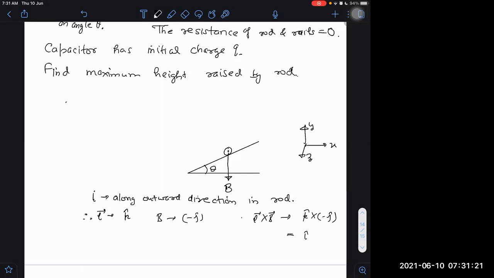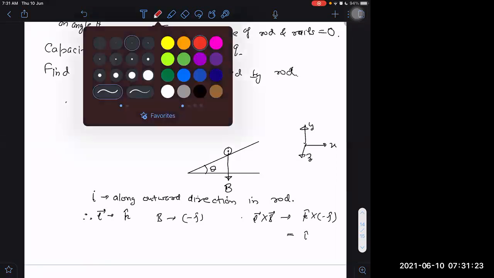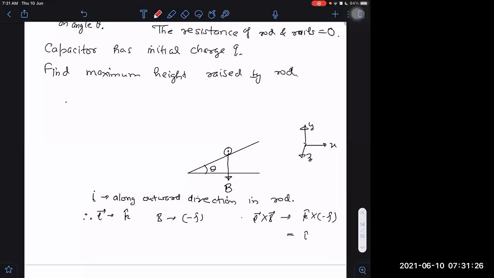Yes, sir. So this is the direction of force. Along i cap, along this side, magnetic force. But it has one component which will be making it go up. Which component? Cos theta component will make it go up.